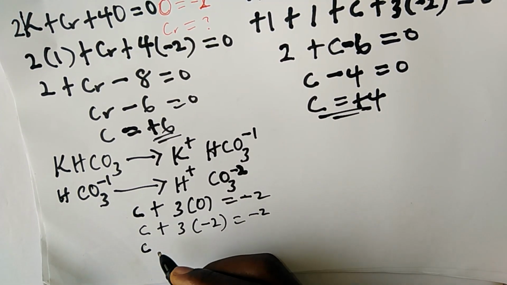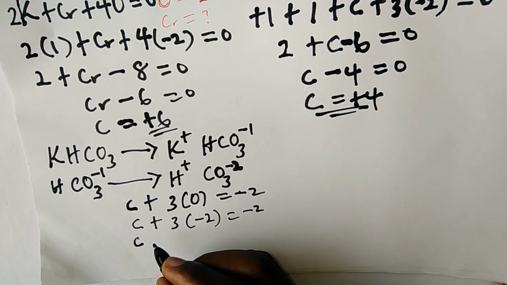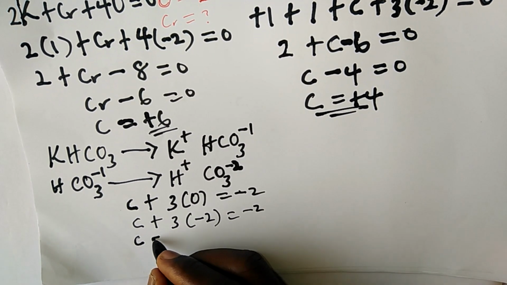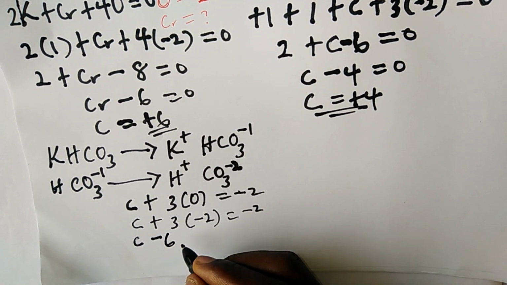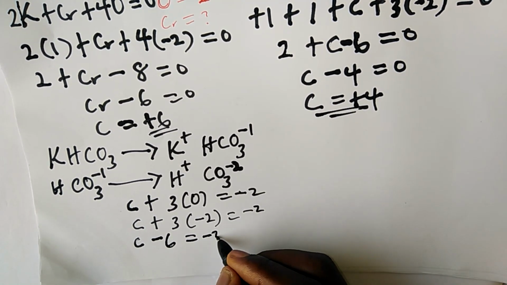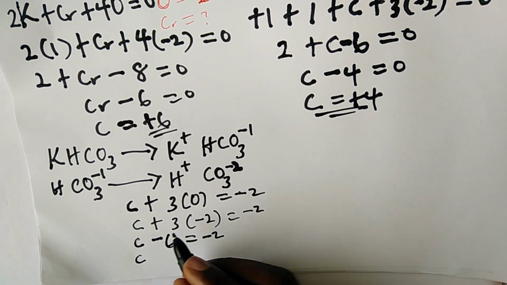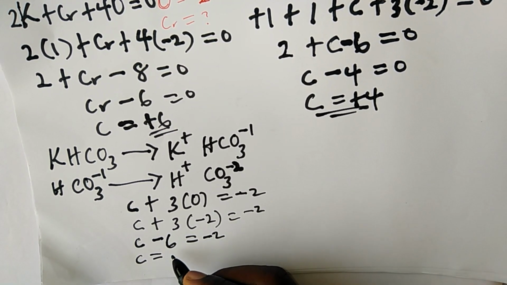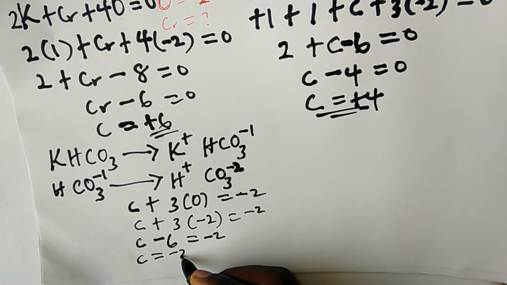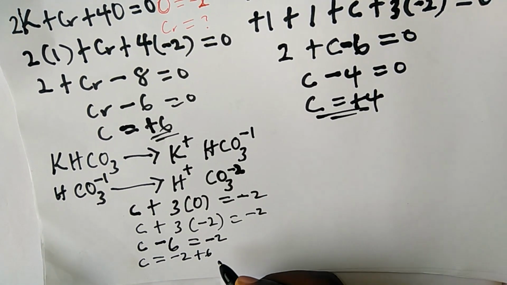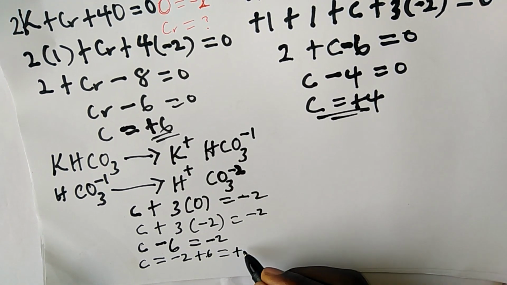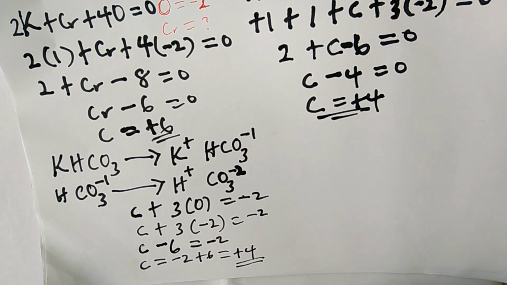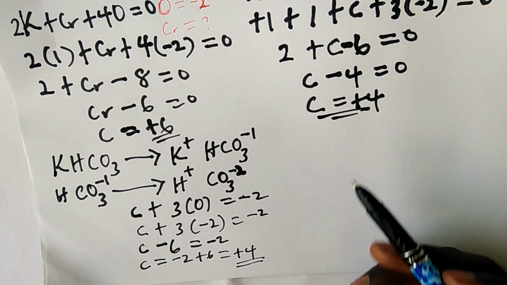Carbon minus 6 is equal to minus 2. Carbon, when you carry this to the other side, becomes equal to minus 2 plus 6, which is equal to plus 4. So you see, it's the same thing we got the other time.